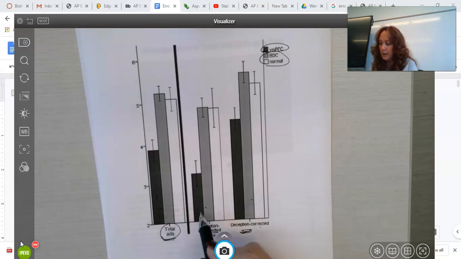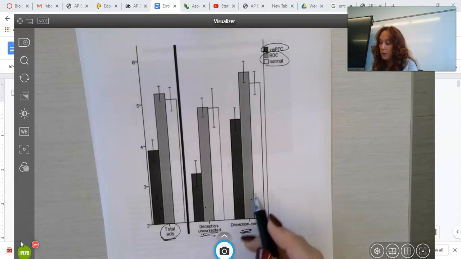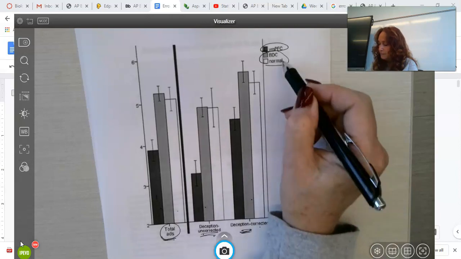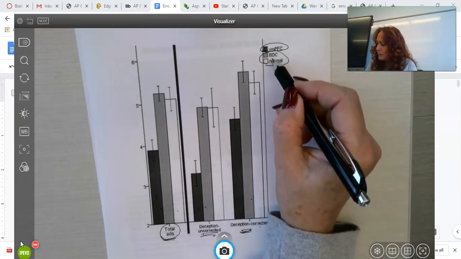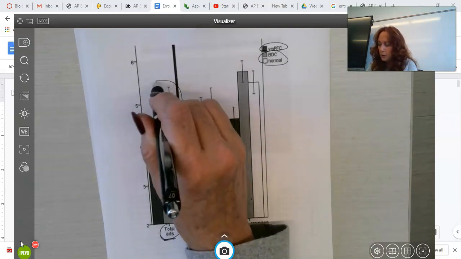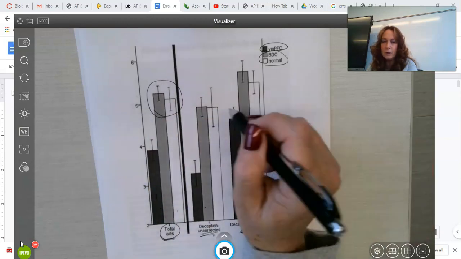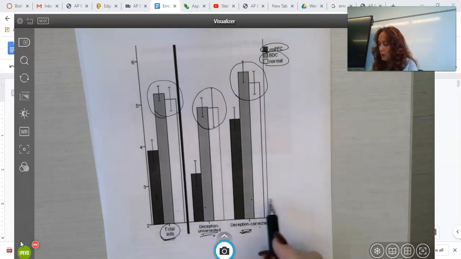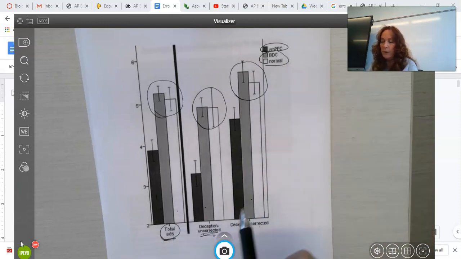This VMPFC is significantly lower. Now, when you look at the other groups, what is this, BDC and normal, there's no difference between those 2 conditions, no difference here or here. So nothing you did made a difference between those 2 groups.